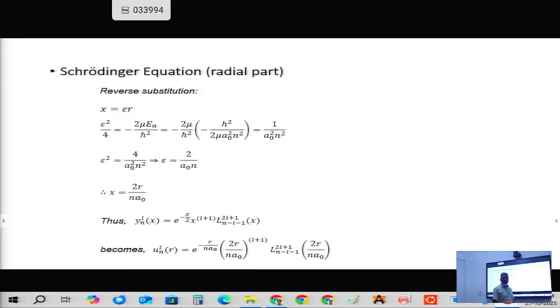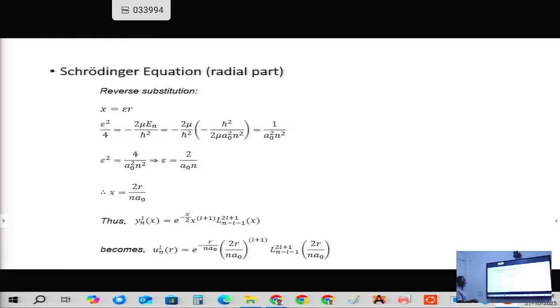Now instead of x, you need to put in terms of r. I'm removing x and epsilon and putting in terms of r, which is the variable we used to start with. So you get u of r is this.